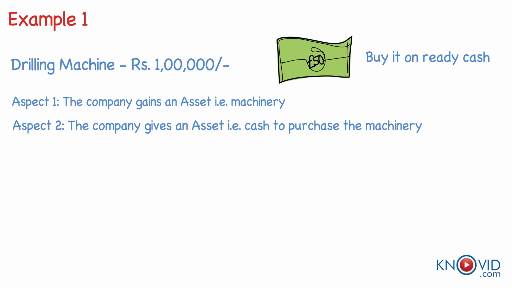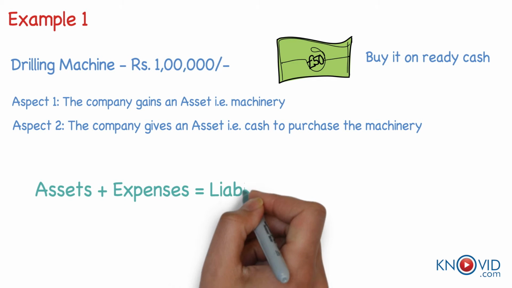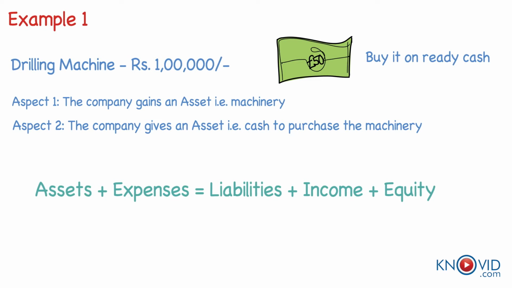To know which aspect is credit and debit, we need to look at the accounting equation, which is assets plus expenses equals liabilities plus income plus equity.